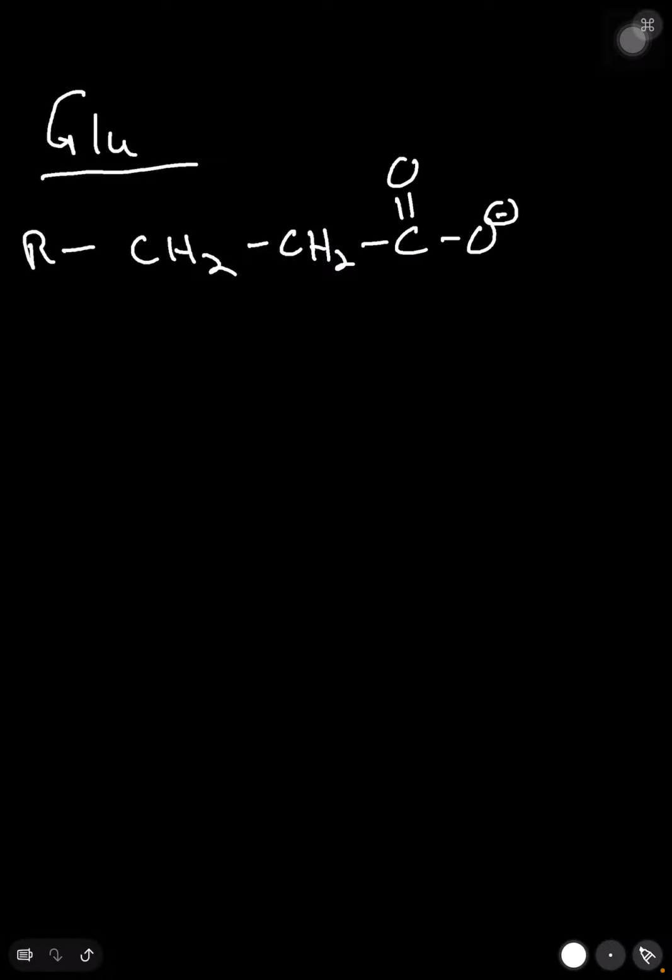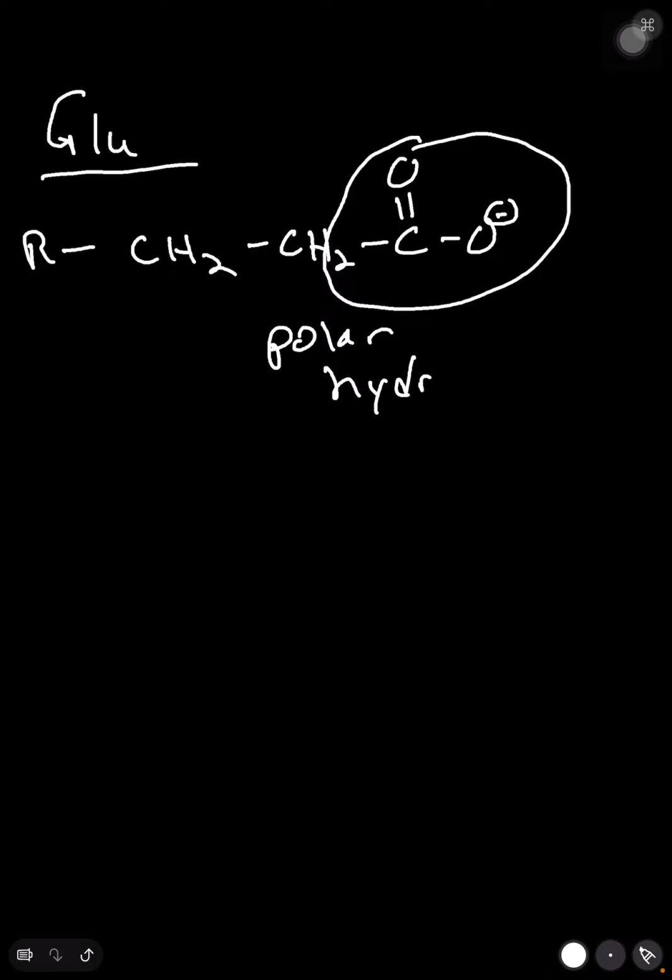As you can see, this side chain is quite polar, right? This is one of our amino acids that can actually have charged side chains under the right conditions. Very polar, very hydrophilic.